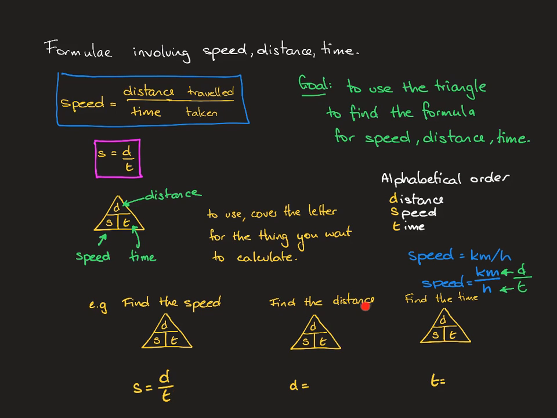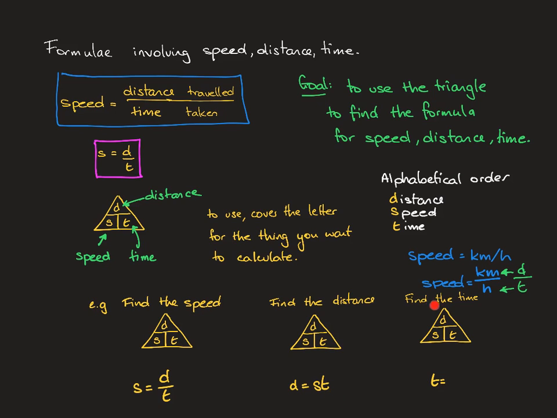If we wanted to find the distance, we write D for distance equals, and then we cover up the D. And it looks like in the rest of the triangle that the S and the T are side by side. And that is how we write the formula, side by side. And what that means is that we multiply the speed by the time.